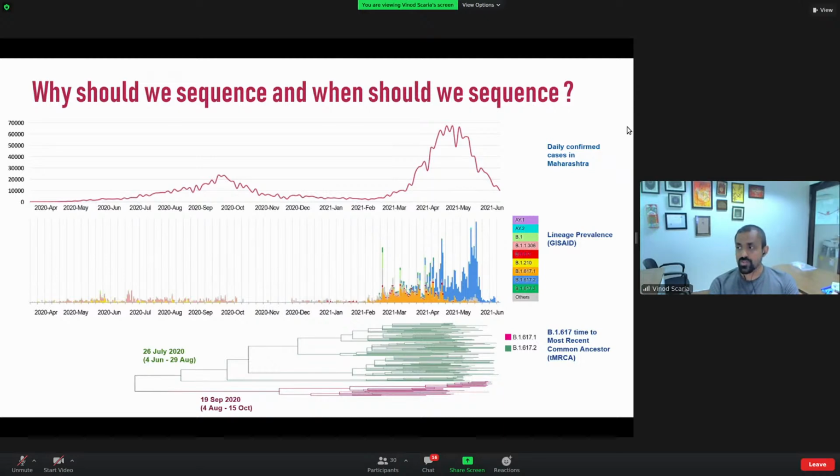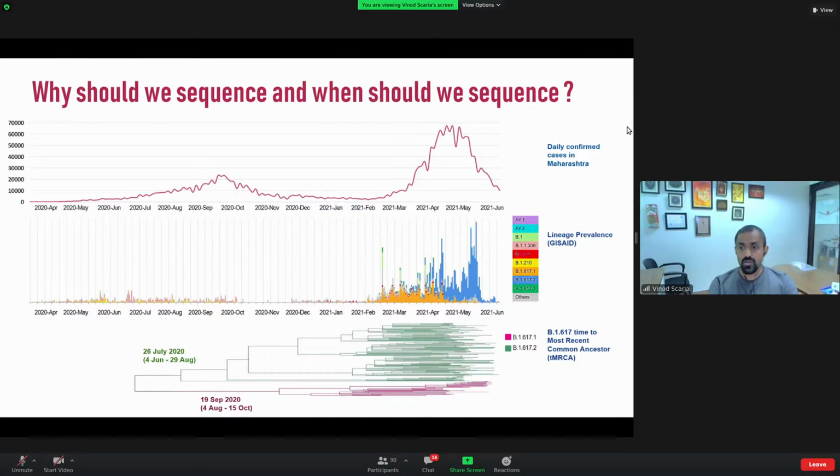From the sequences available here, we can build what we call the most recent common ancestor using computational tools and looking at the divergence rate of the virus. And what you see here is that Delta and Kappa originated in the previous peak, sometime in the period from July to September.